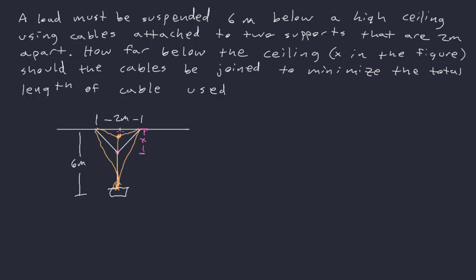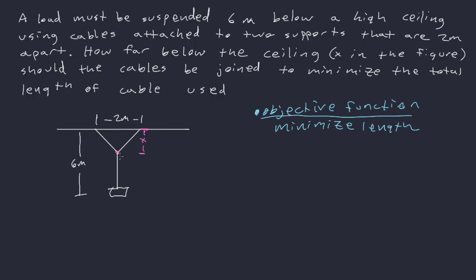If X were 0, we'd be joining them together right there, or all the way to 6, where we use the full 2 cable suspension method. Or is the answer somewhere in between, right? Something like this. So this is what we want to deal with, and our objective is to minimize the total length.